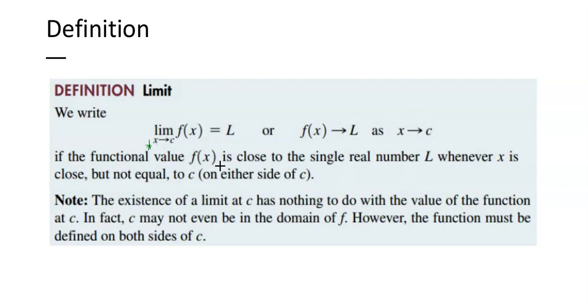If the functional value f of x is close to the single real number L, whenever x is close but not equal to c. So we're trying to determine the value that f of x approaches as x approaches c, right? So your value of x will get closer and closer and closer. So for example, if we're looking at the limit as x approaches 2, we'll be interested to know, well, what does f of x equal for 1.5, 1.6, 1.7?